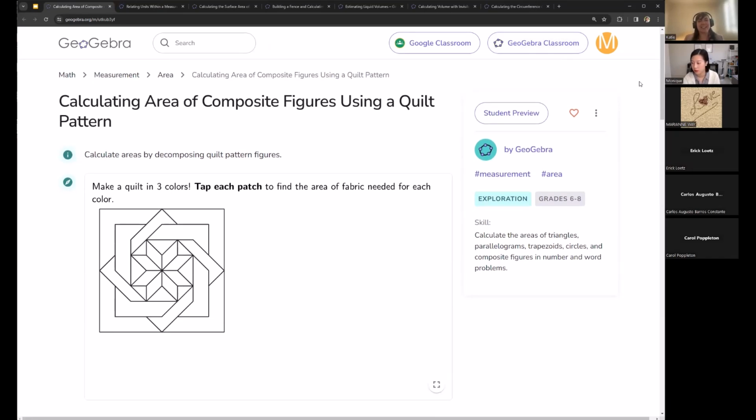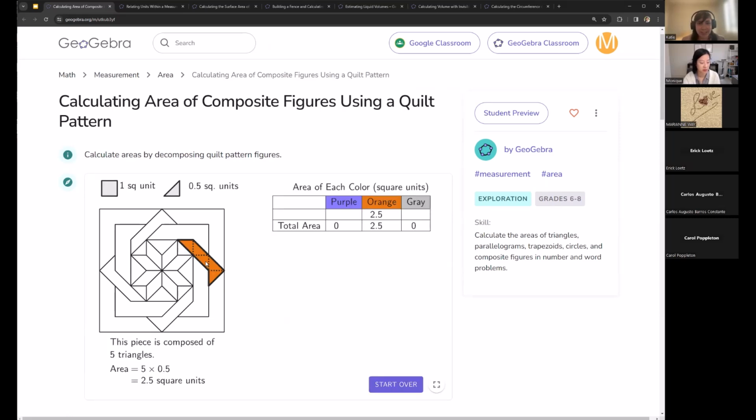I was inspired by the measurement involved in crafts like quilting and making beautiful patterns. So what we're going to do here is, Monique, can you click on the different patches that make up the quilt? And we'll be revealing different colors, purple, orange, and gray. Students can look at each of these patches as composite figures.